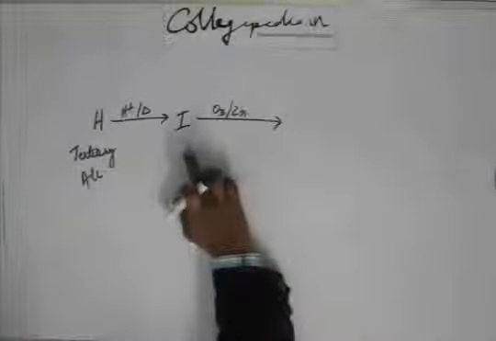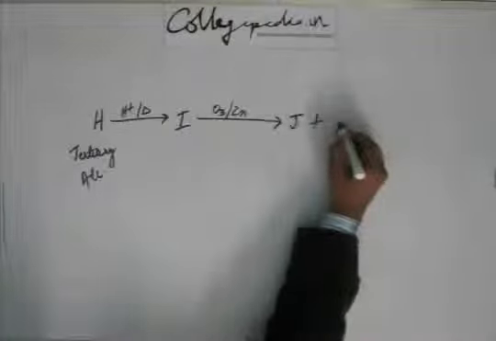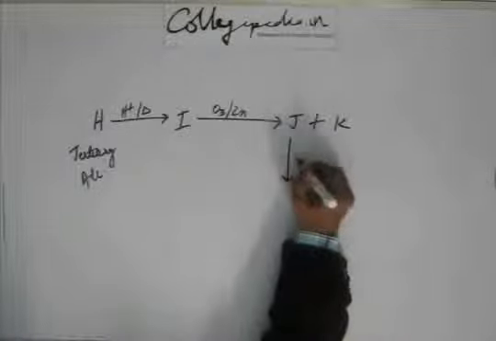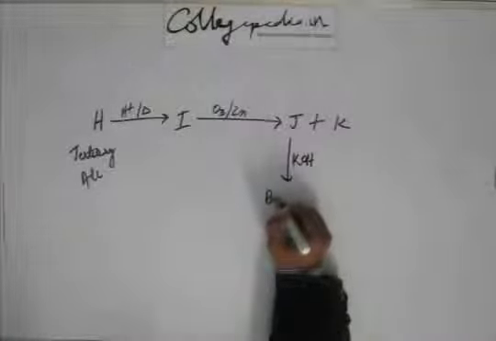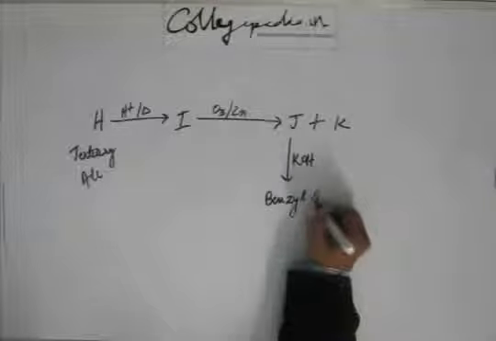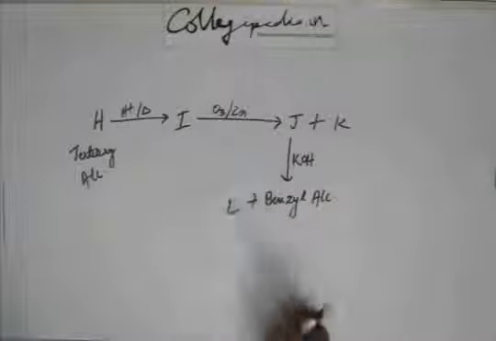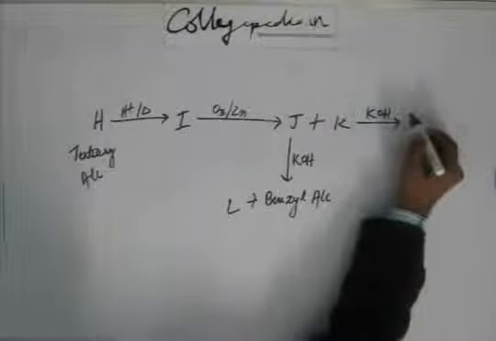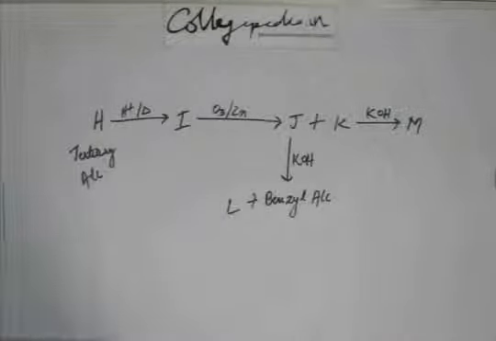We'll see what ozonolysis of I leads to compounds J and K. Compound J on reaction with KOH gives benzyl alcohol and compound L, whereas K on reaction with potassium hydroxide gives only M. This is the problem statement.